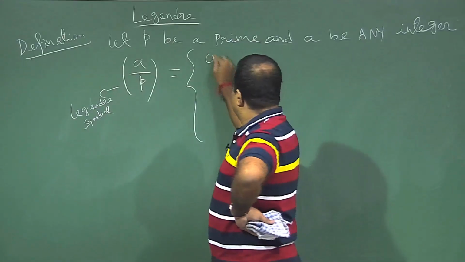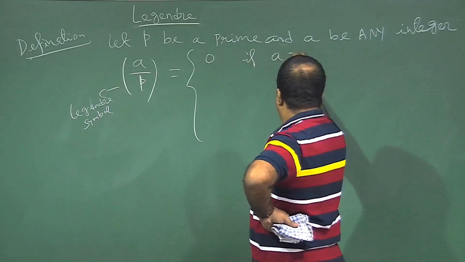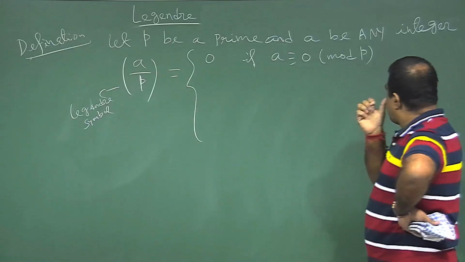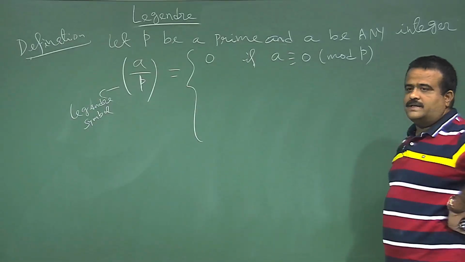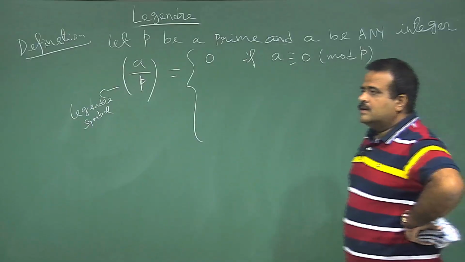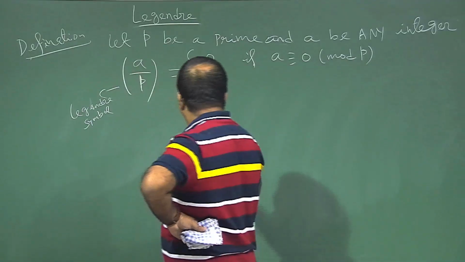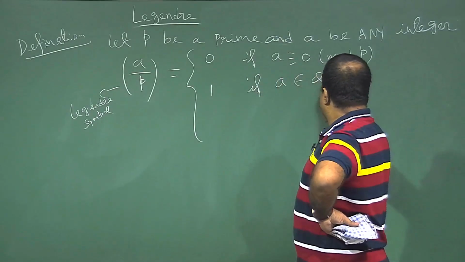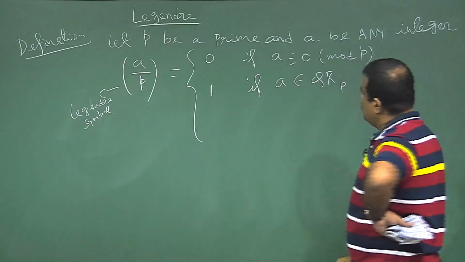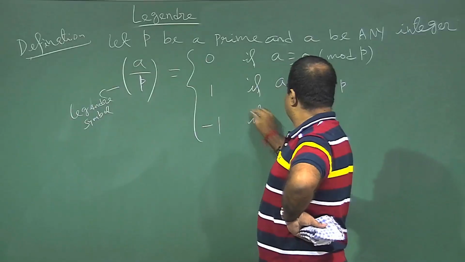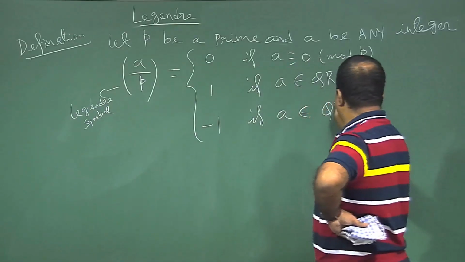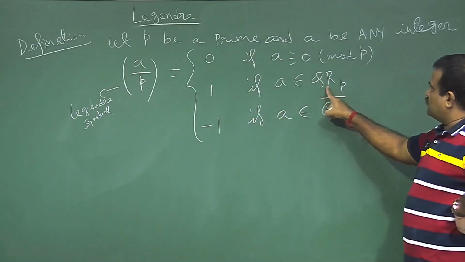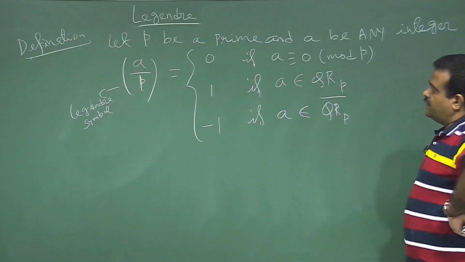It is 0 if P divides A, and it is 1 if A is a quadratic residue mod P, and it is minus 1 if A is a quadratic non-residue mod P. So, this means A is a quadratic residue mod P, and this means A is a quadratic non-residue mod P.